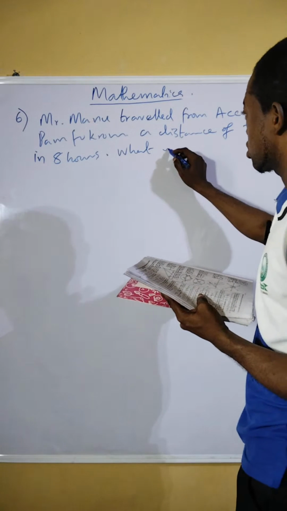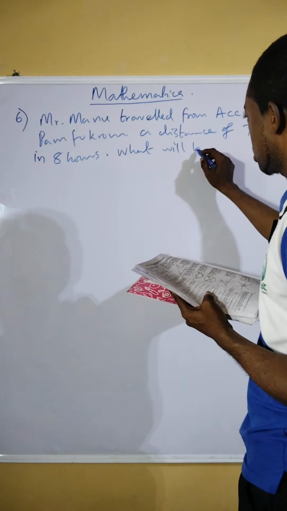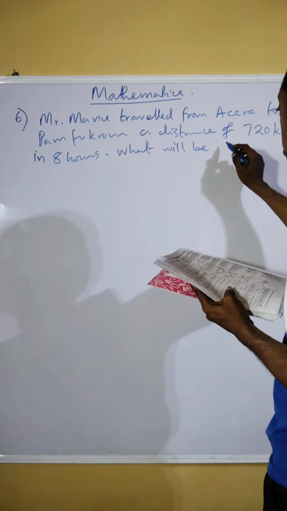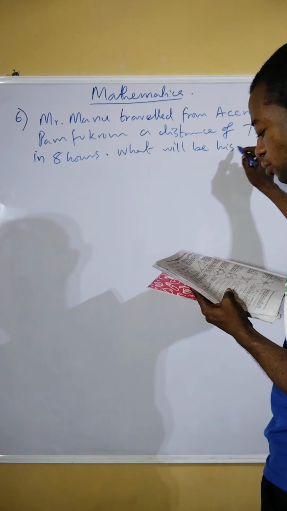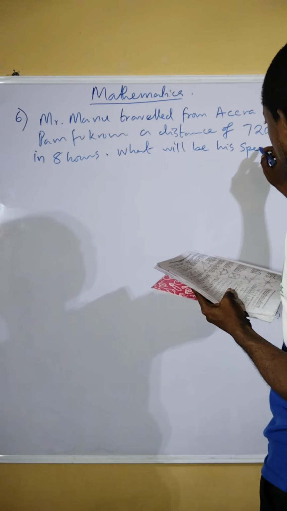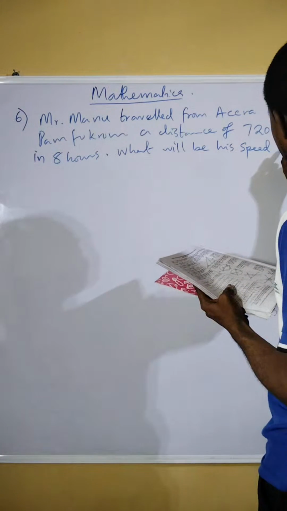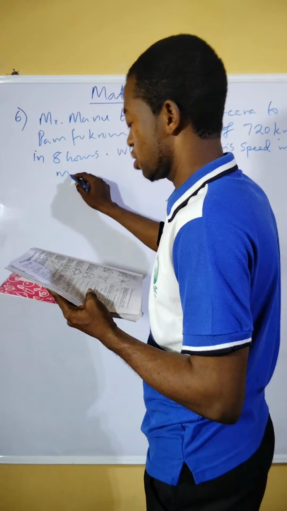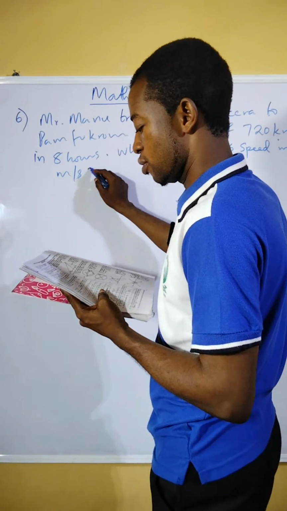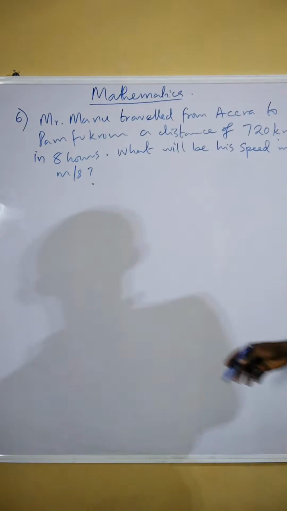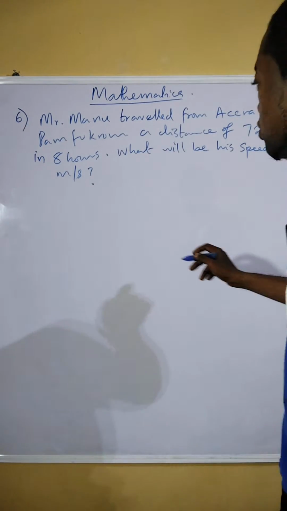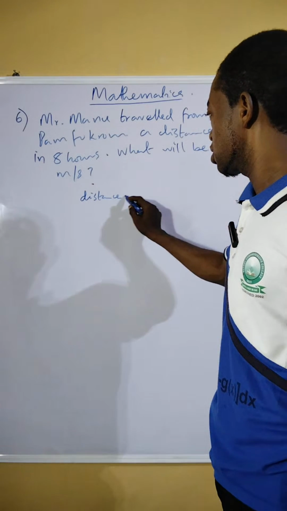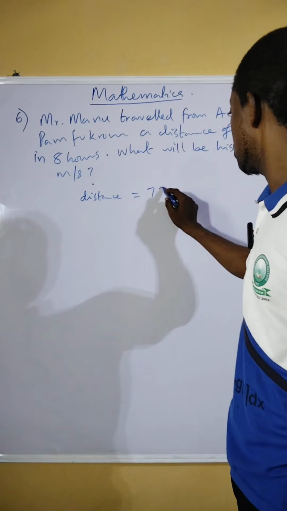in meters per second? So here the distance given is 720 kilometers.